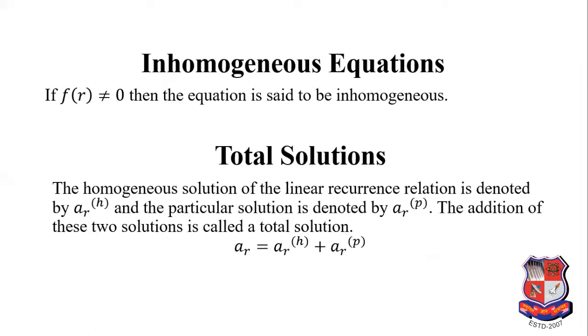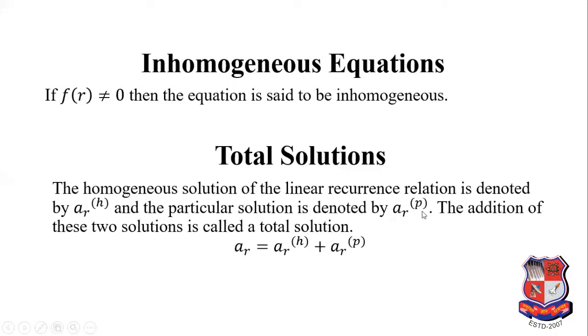Now, if the equation is inhomogeneous, then the solution will have two parts. The first part of the solution is known as the homogeneous solution, and the second part is known as the particular solution. The homogeneous solution is denoted by a_r^(H), and the particular solution is denoted by a_r^(P).